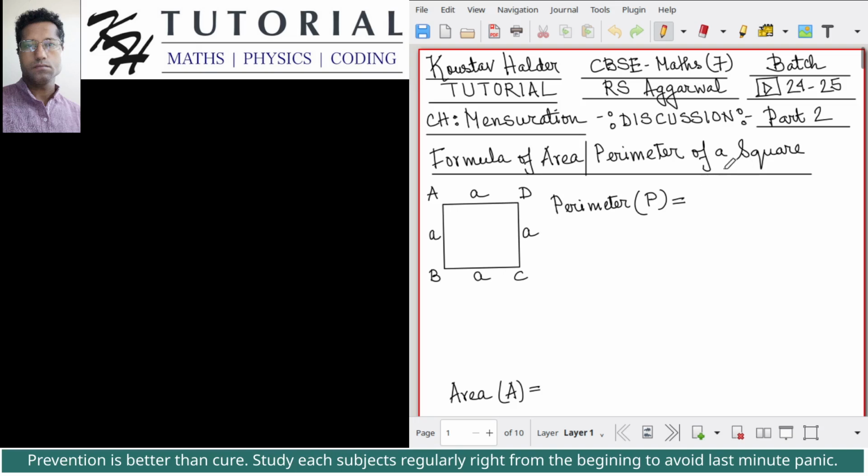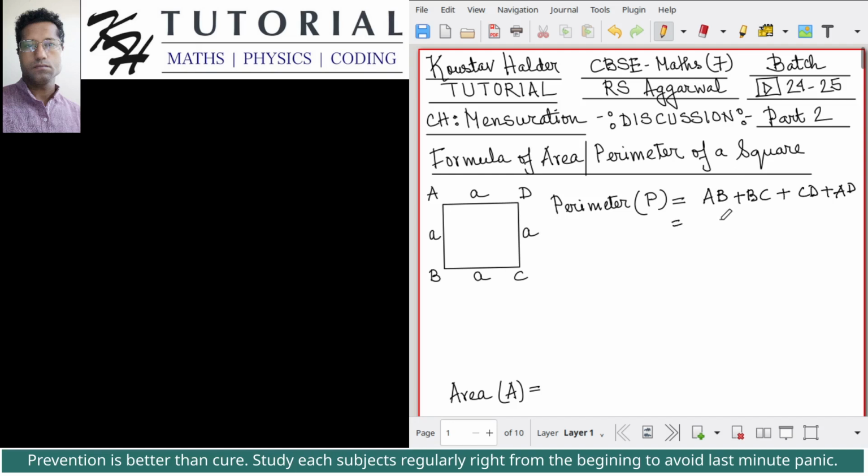Now what is the length of the boundary? The boundary is all the sides, that is AB plus BC plus CD and AD. These 4 sides make the boundary of the square. So the length of these 4 sides will be the length of the boundary.